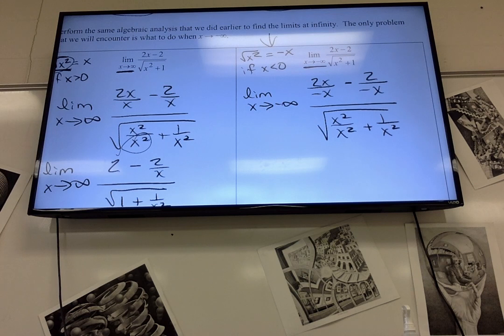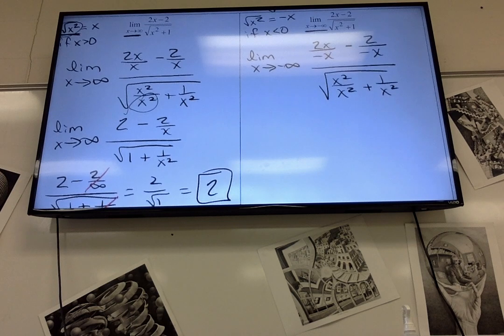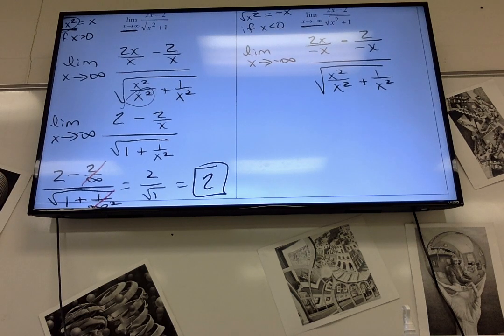So the negative really doesn't matter in the bottom? No, because it's x squared, which the negative goes away. Would it matter if we put negative x squared? Yes, it would. Because think about it, negative x times negative x is x squared, because negative times negative is a positive.